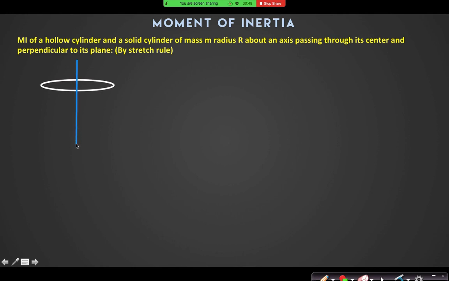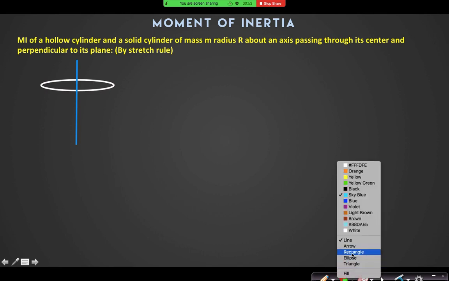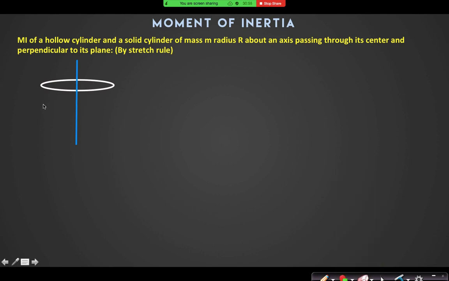Now if you place another ring just below that, of the same radius and the same mass, can I say that the total moment of inertia can be just added up? Yes or no?